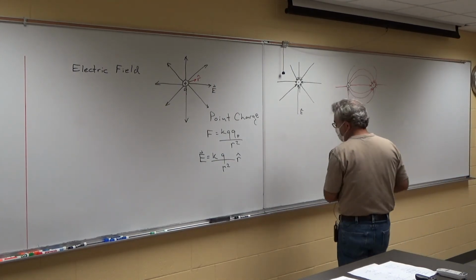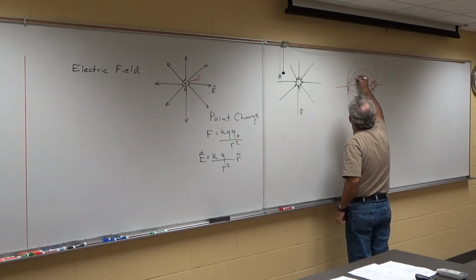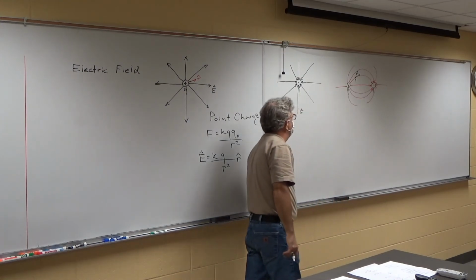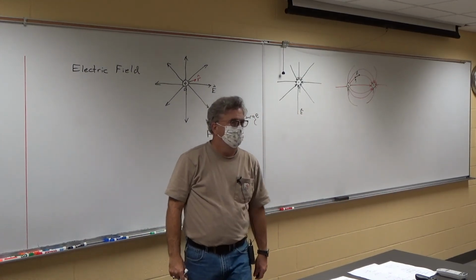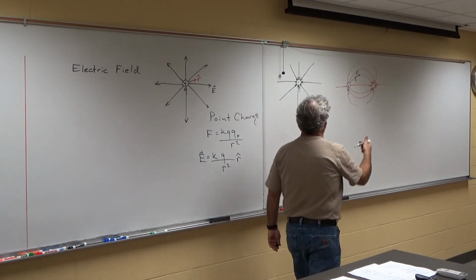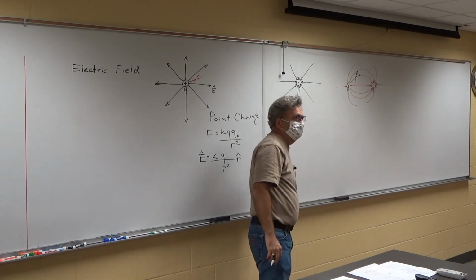So if I place a charge in this field, some arbitrary charge Q, then the force on that charge is going to be along or tangent to that field line. If it's a negative charge, it's going to be in the opposite direction.